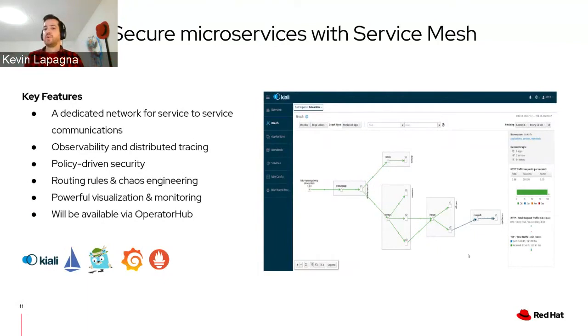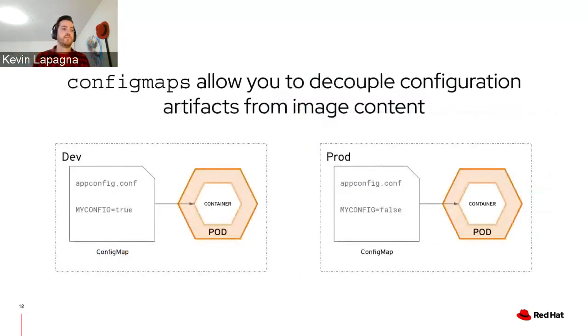Coming to the secrets part of this talk. So first we have to talk about what secrets are anyway. If you ever managed an OpenShift cluster, you know that we have a split between the application itself and the configuration of the application.